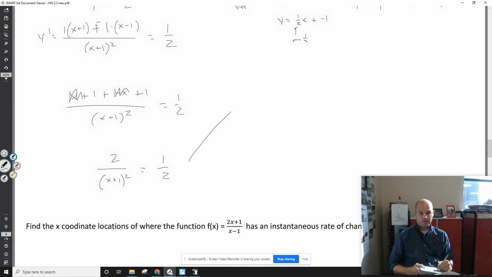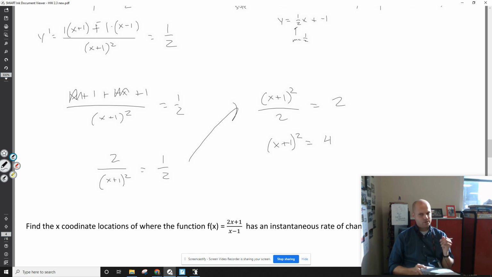Now, again, what I like to do is flip both sides, get the x's up top. Now, what would I do to solve? Well, dividing by 2, let's get rid of that. Multiply both sides by 2. And look how nice this equation ended up.